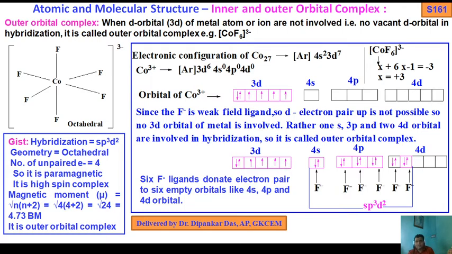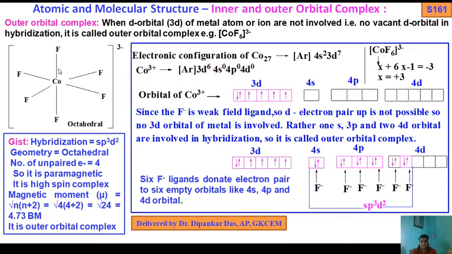Due to the weak field nature of F minus, there is no question of electron pairing up. So that's why there are no vacant 3d orbitals, and that's why the 3d orbitals are not involved in hybridization. So the orbitals involved in hybridization are 4s, 4p, 4d.